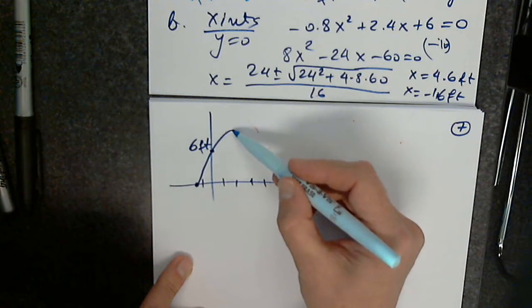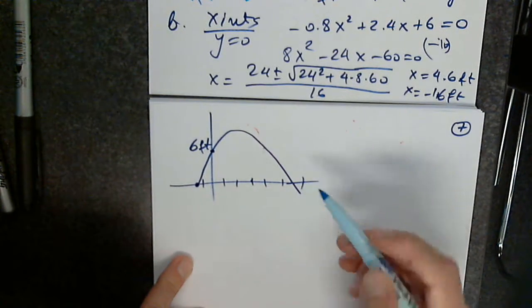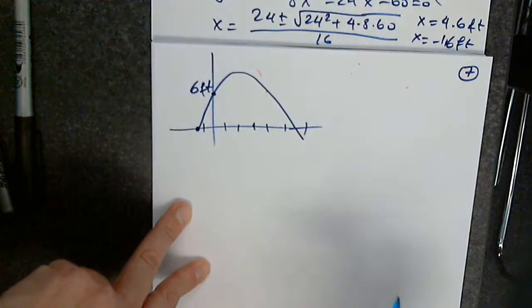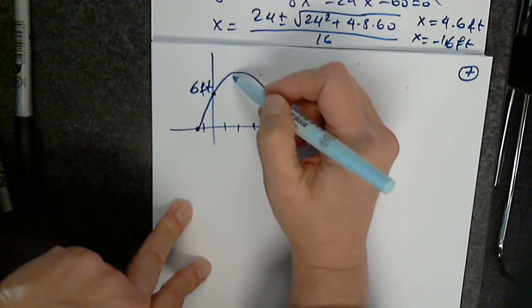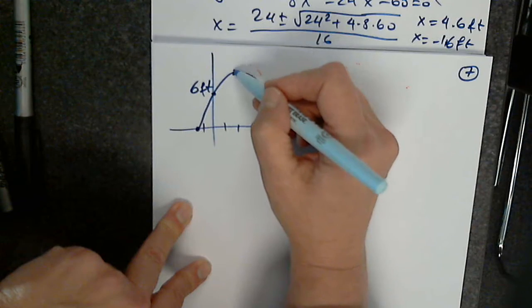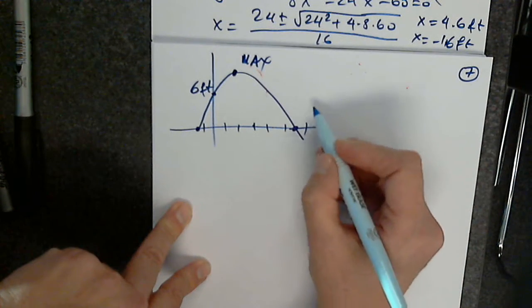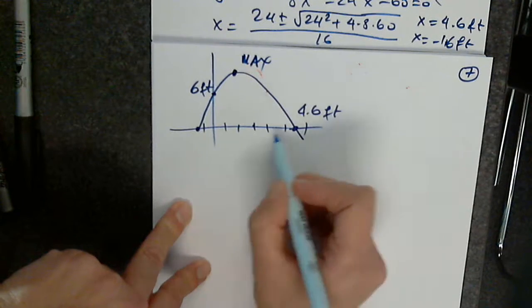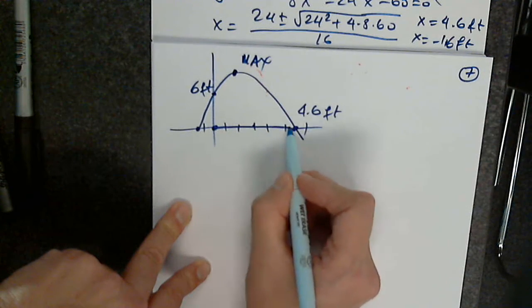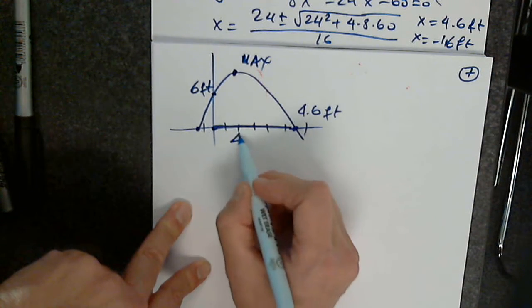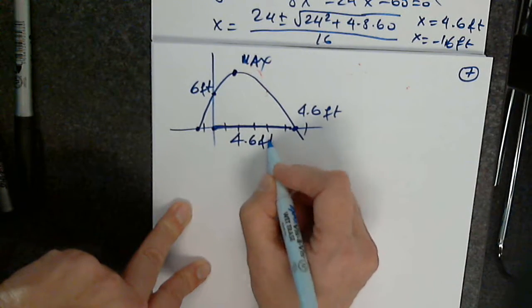So here is above 1.5. Right here is the maximum height, and here is that 4.6 feet between this point and this point. I'm sorry, 4.6 feet.